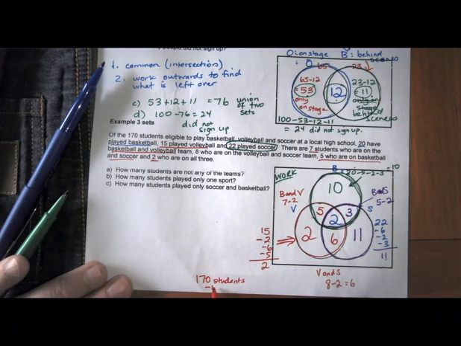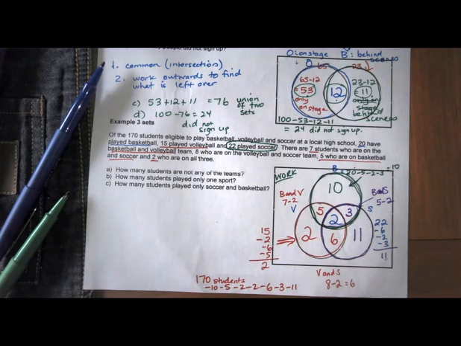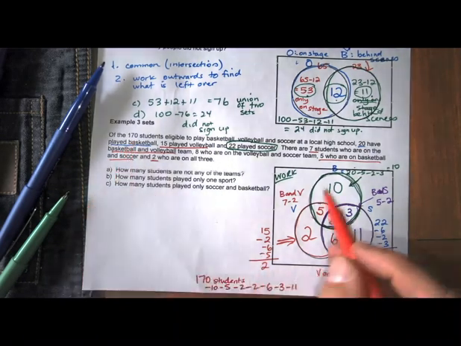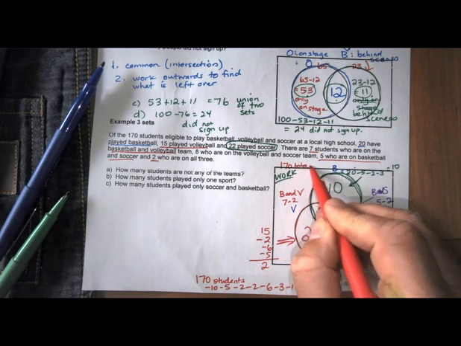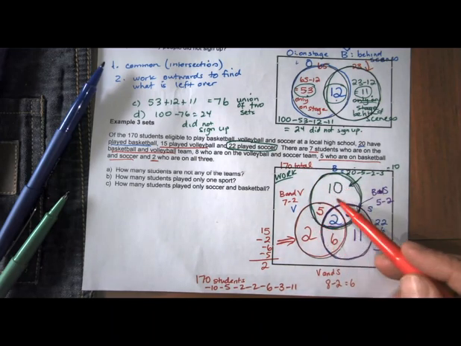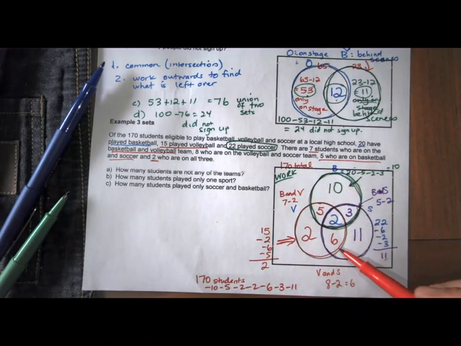So I'm going to subtract 10, subtract 5, subtract 2, subtract this 2, subtract this 6, subtract this 3, and subtract that 11. All right, so I'm taking the 170 total people that are inside this box, and then we're looking at how many are not in those rings.